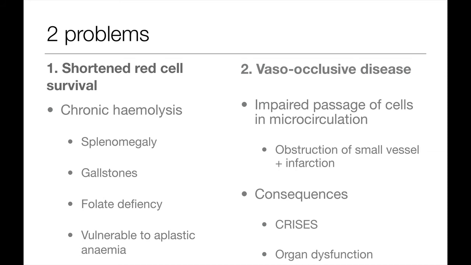However, on the other hand, the other big problem is these vaso-occlusive crises, essentially where the cells sickle, there's impaired passage of those cells through the microcirculation and obstruction of small vessels that may be severe enough to cause infarction. And this leads to acute episodes and long-term problems as well with various organs.